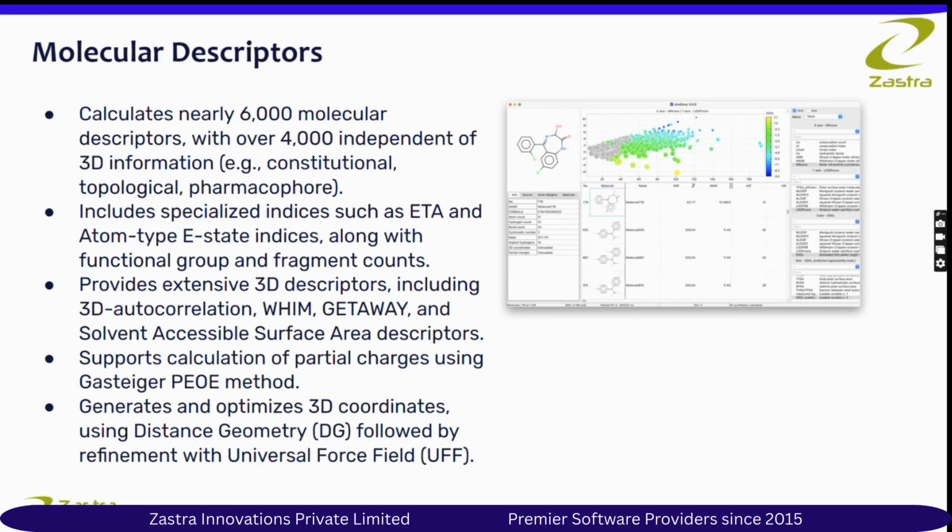We can also calculate descriptors for 3D molecules. Within the graphical user interface, we can convert molecules from 2D to 3D using the universal force field, so that the coordinates would be correct and the structure would be optimized.